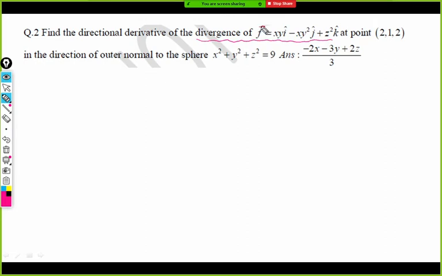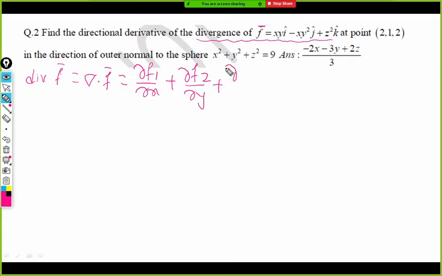Actually, it is not f, it is f bar. Even though the bar remained missing in the question by mistake, you should know the i, j, k are present on the RHS, so it is a vector function. Step 1: divergence of f bar is equal to del dot f bar, which is dou f1 by dou x plus dou f2 by dou y plus dou f3 by dou z.